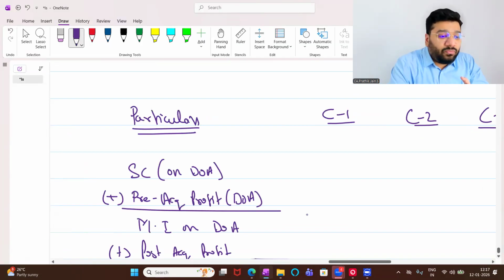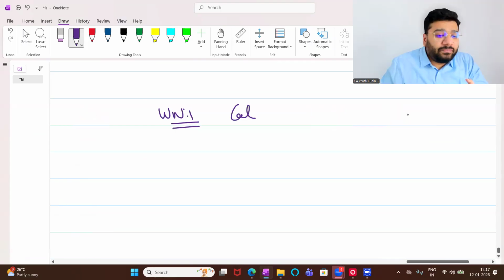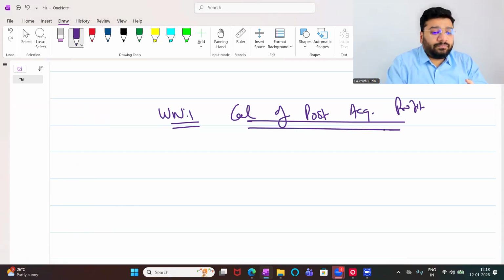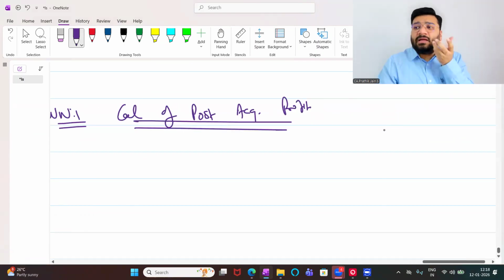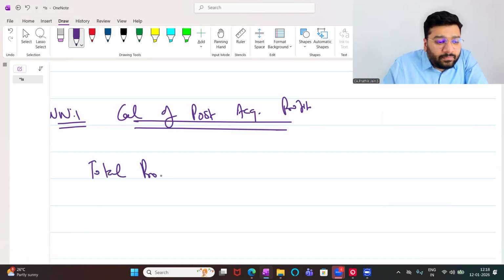So now, working note 1. Calculation of post-acquisition profit. How do we do it? Think of a format in such a way that I can make it compact. Total profit minus profit on 1/1/2001.